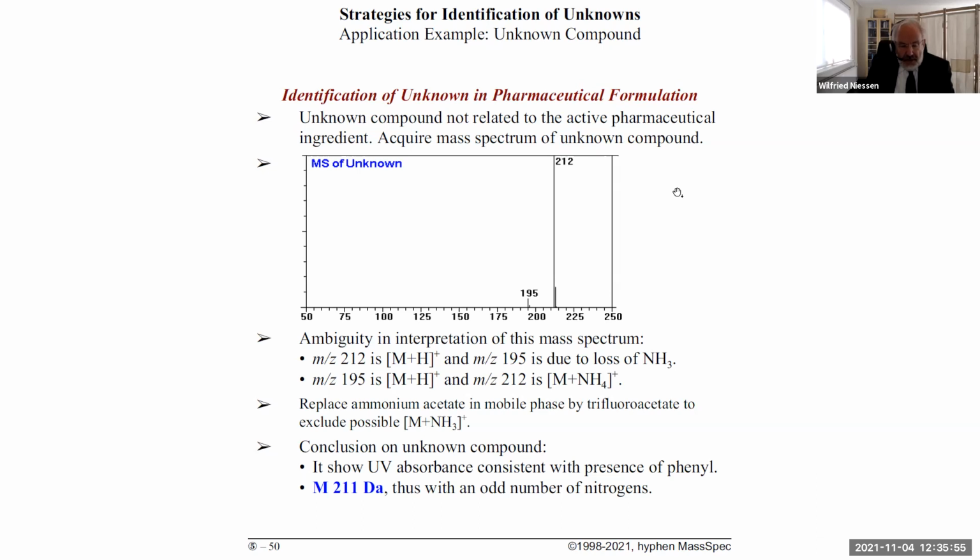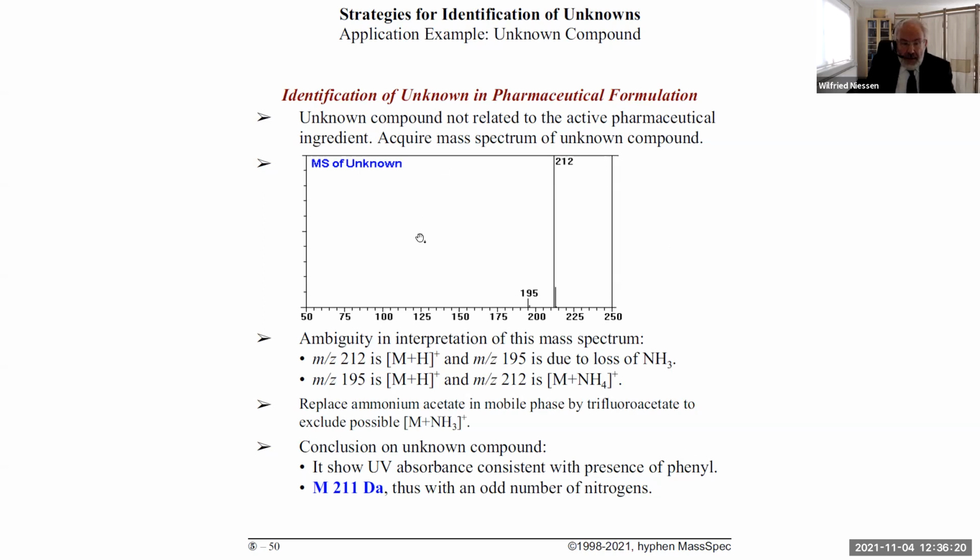The unknown was found in LC-UV analysis for routine checking of this compound in a QC lab, and the UV was acquired on a photodiode array detector and indicated the presence of a phenyl group in a molecule.